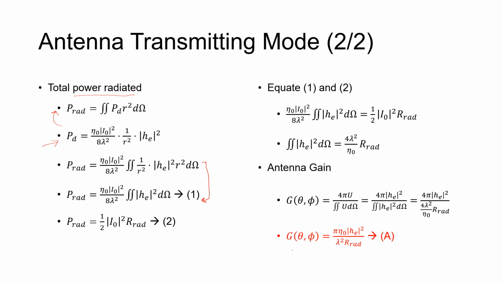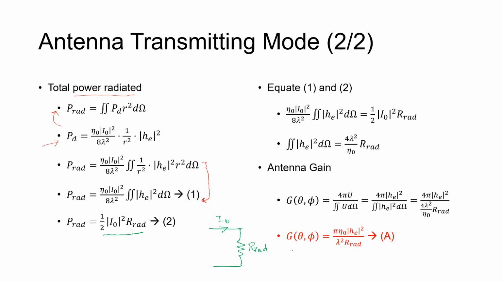Then we can calculate the power radiation using another equation, which is equation 2. Where does this come from? Simply if we assume that the radiation resistance has a current flowing through it, I naught. Of course, this assumes that the antenna is at its resonance.